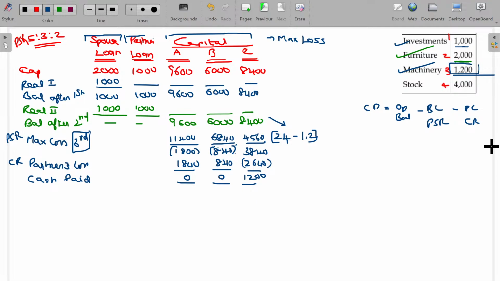This is the order. Now balance after third realization. 9,600 nothing paid, the entire 9,600 remains balance. 6,000 remains as it is. 8,400 minus 1,200, 7,200 will be the balance after third realization.